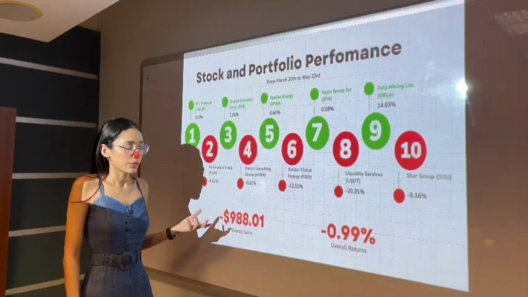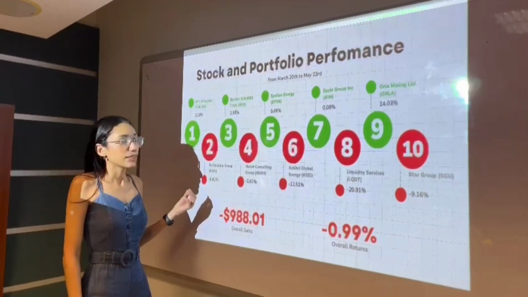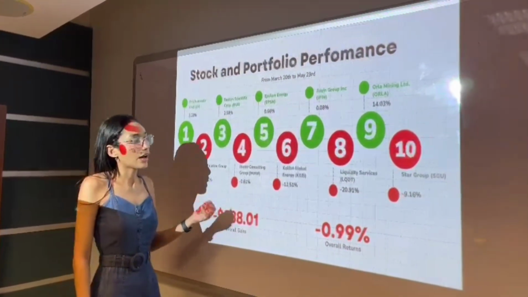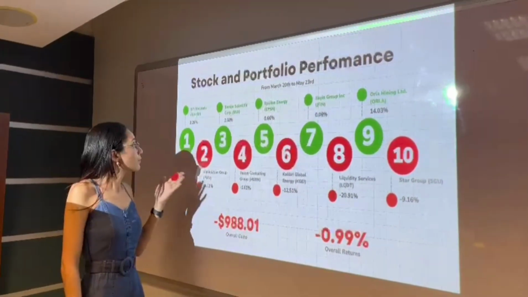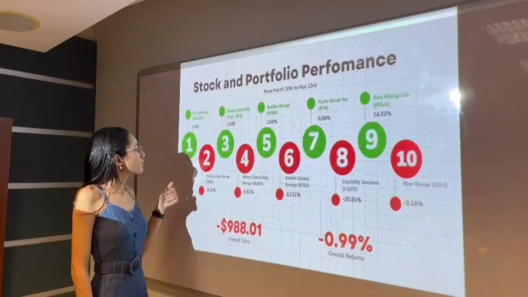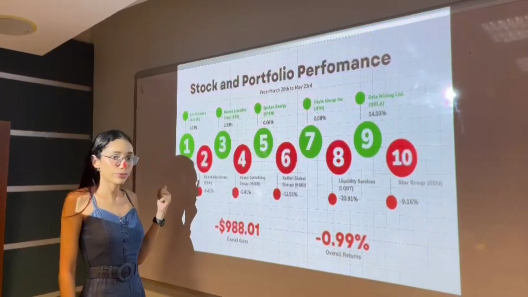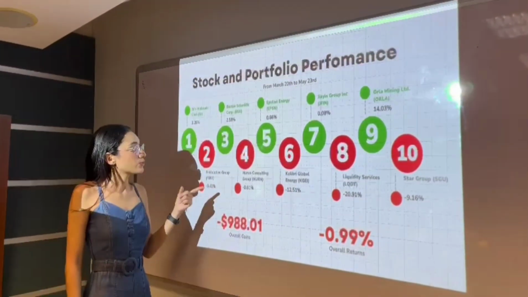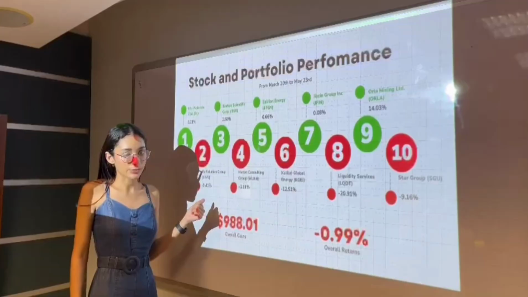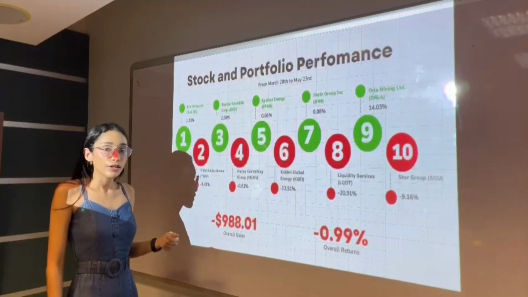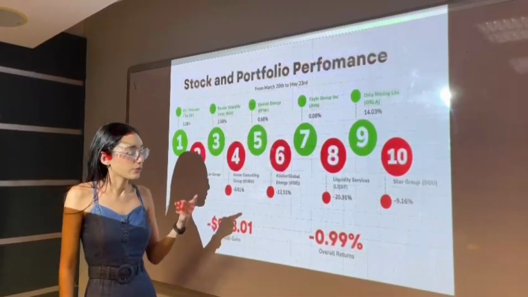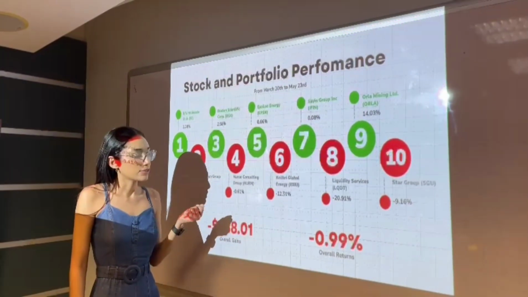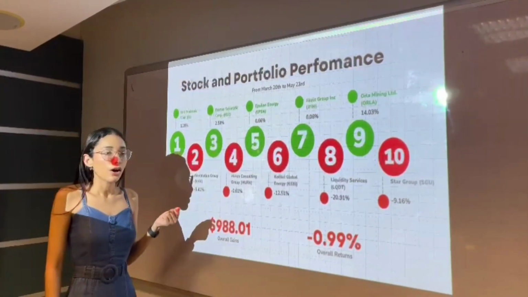So for the positive performing stocks, we have Orla Mining, which had a 14.03% return. We have BJ's Wholesale Club, which had 3.28% returns, and Boston Scientific, which had 2.58% positive returns. But for companies that didn't perform that well, we have Liquidity Services with minus 20.91% returns.